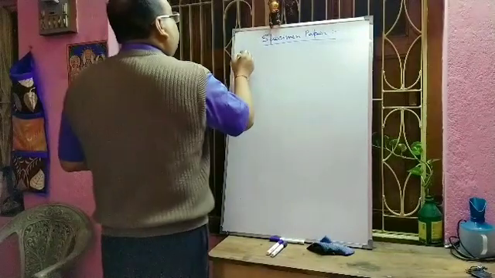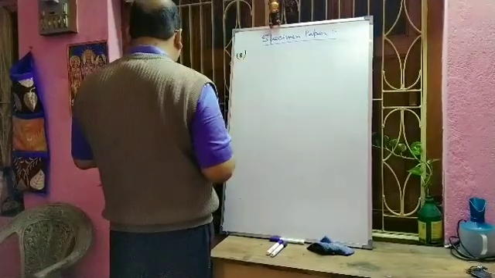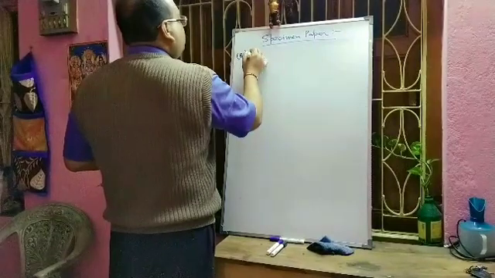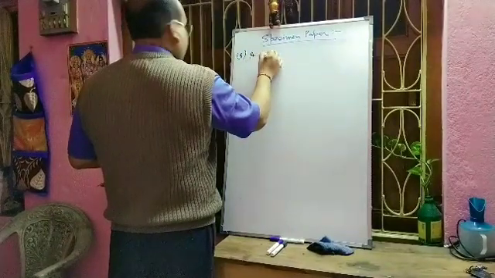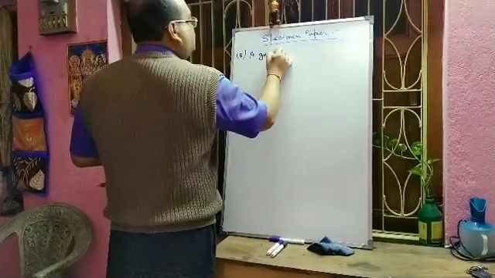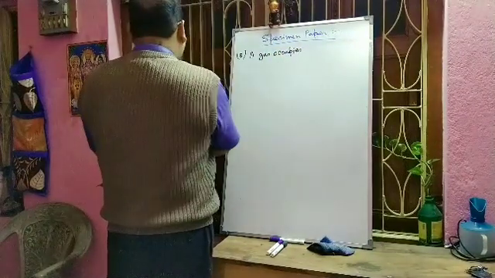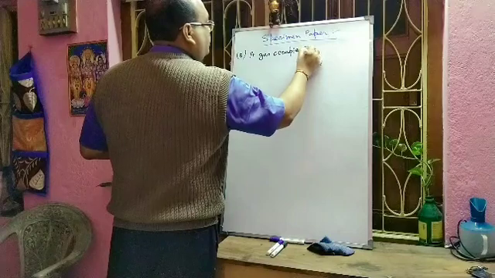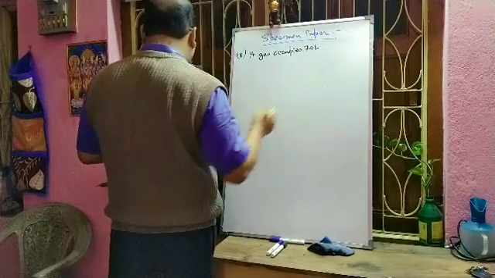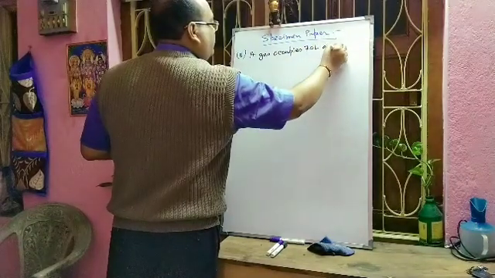Next, question number B. A gas occupies 70 liter at 27 degree centigrade.